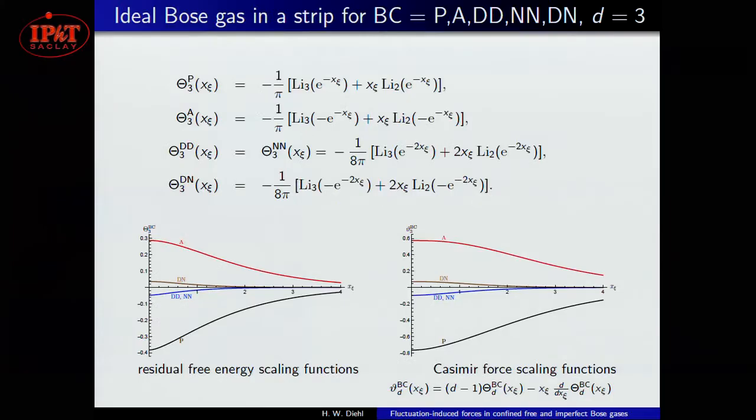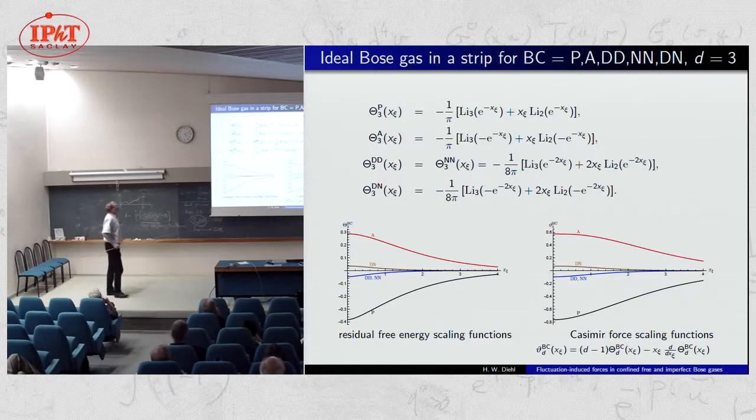Here are results. If one looks at the case in 3 dimensions, one can do a little bit more. One can actually resum the series for the classical scaling function and get them in closed form. You see them for periodic, antiperiodic, Dirichlet, and Dirichlet-Neumann boundary conditions.